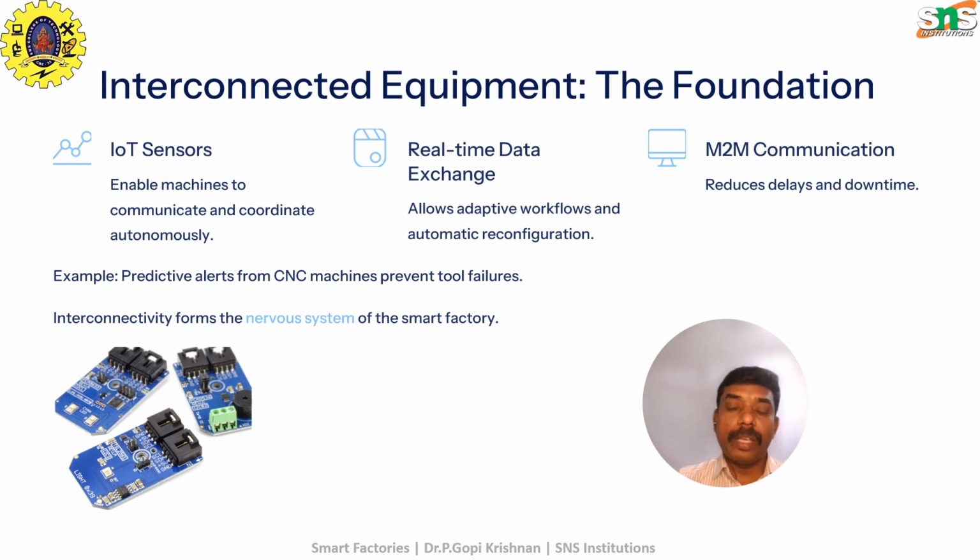And MTM communication is all about the communication that happens between machine to machine. In the earlier stages of industrial revolutions, there was not much communication between the machines. Say, for example, a machine will do the manufacturing process with the help of the operator. That is, the operator is the only responsible source for the completion of the manufacturing activity in the particular machine.